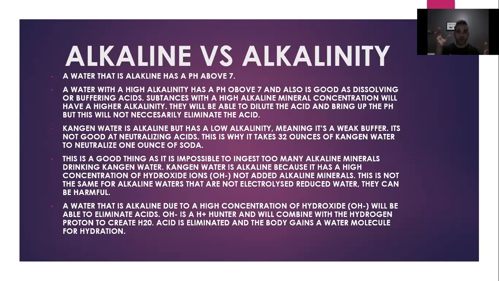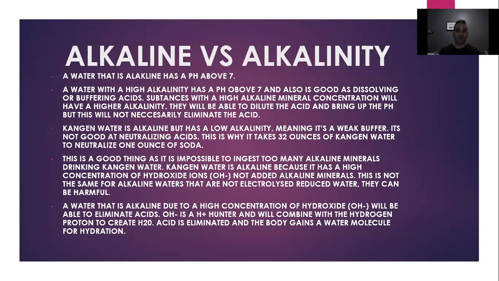So when a hydroxide is attracted to a hydronium, the hydroxide will take back that hydrogen proton, and you've just taken a hydronium and a hydroxide and converted them back into H2O, into two H2O molecules.